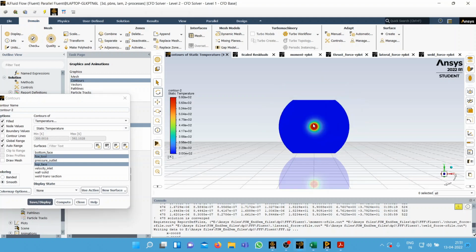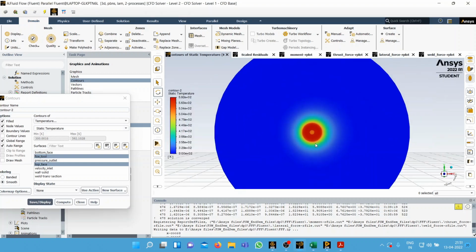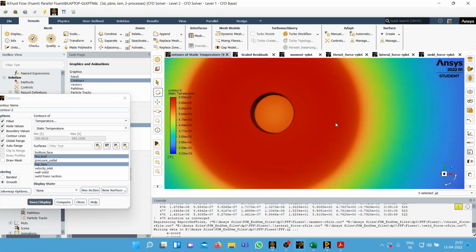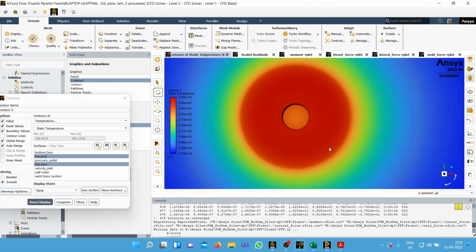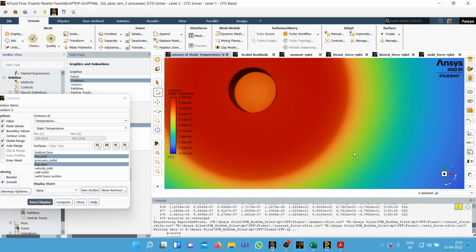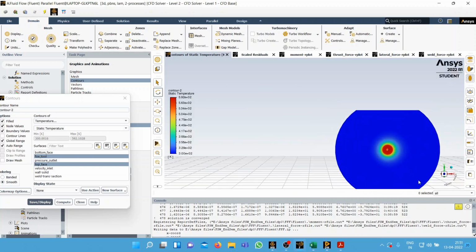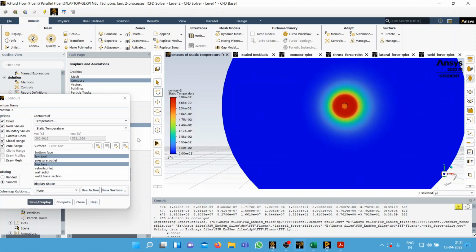So from the top, the variation of temperature can be seen properly. Here the temperature is 592 Kelvin, and then gradually it decreases to around 475 here, and then here it becomes around 300 Kelvin. This is the temperature.